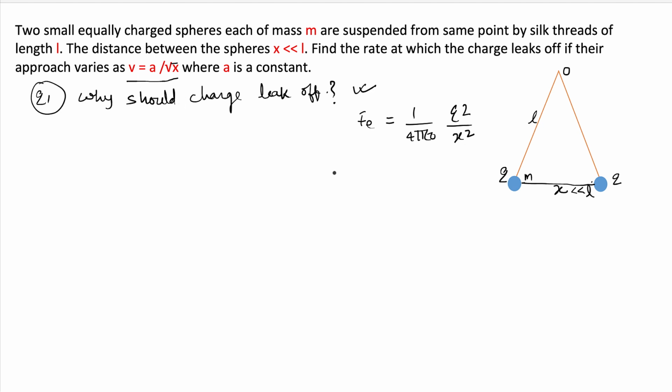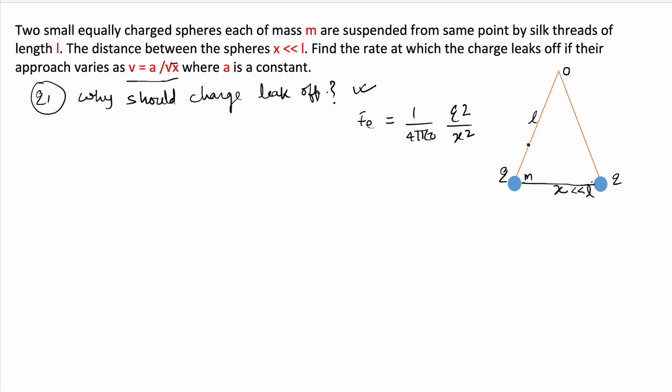The other option could be that instead of approaching, they are separating, which means that some charges are getting added. That could also be a scenario. But whatever might be the case, if there is a relative velocity between these two masses, then the forces must be changing. Now let's try to solve the problem.